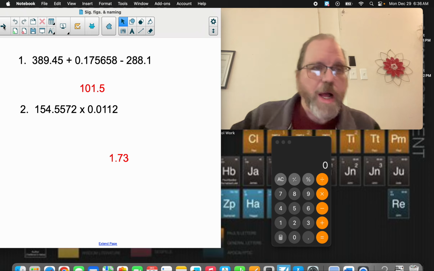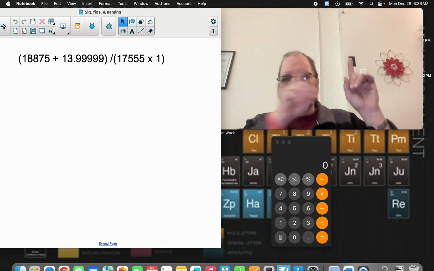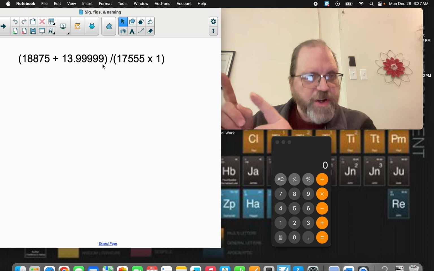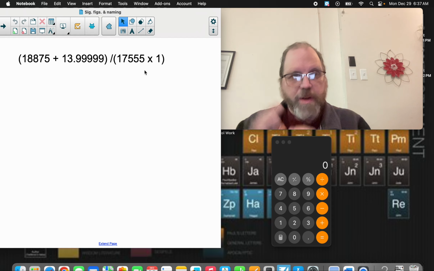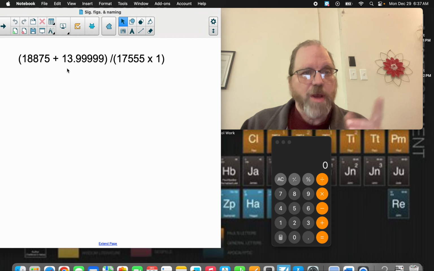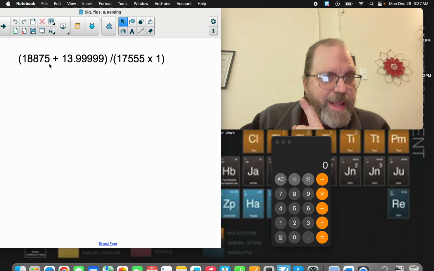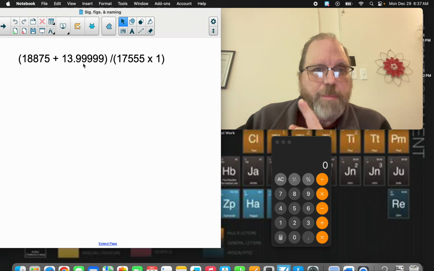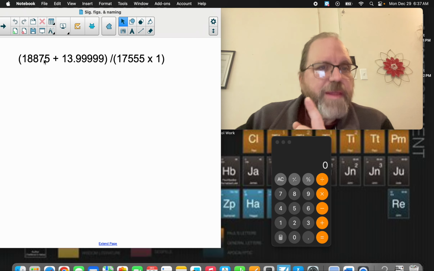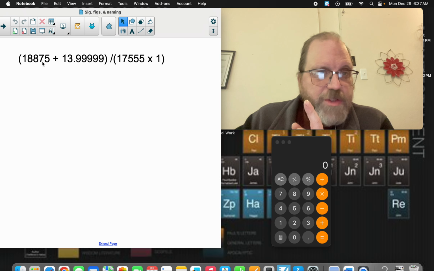All right, a little bit more complicated problem here. We're going to take inside that parentheses first, because we do parentheses, and then we're going to divide that through. So if I'm doing 18875 plus 13.999999, the last filled column is going to be the 1s.